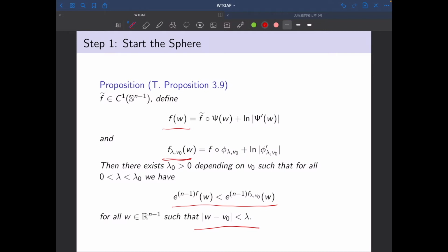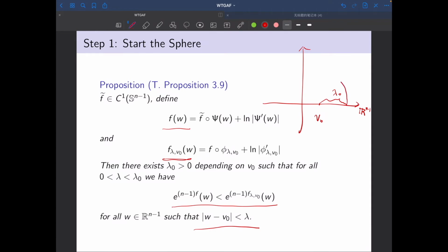In terms of the picture, we're considering the upper half space. This is R^{n-1}. The center is v0, and let's say this radius is lambda naught.